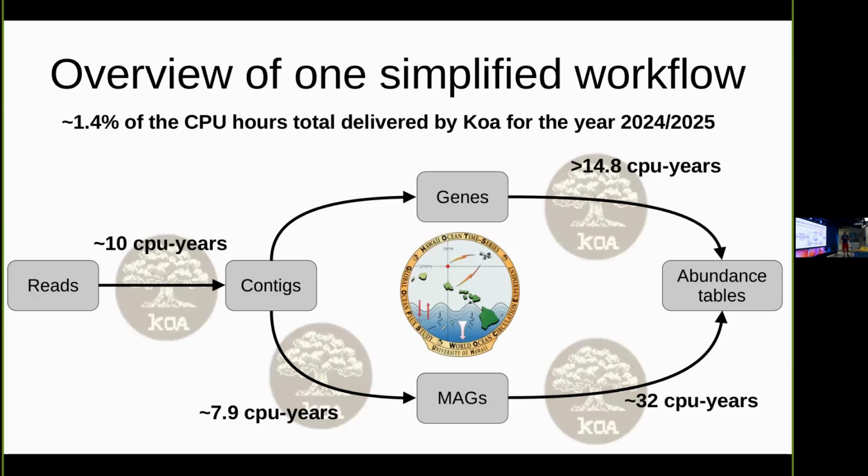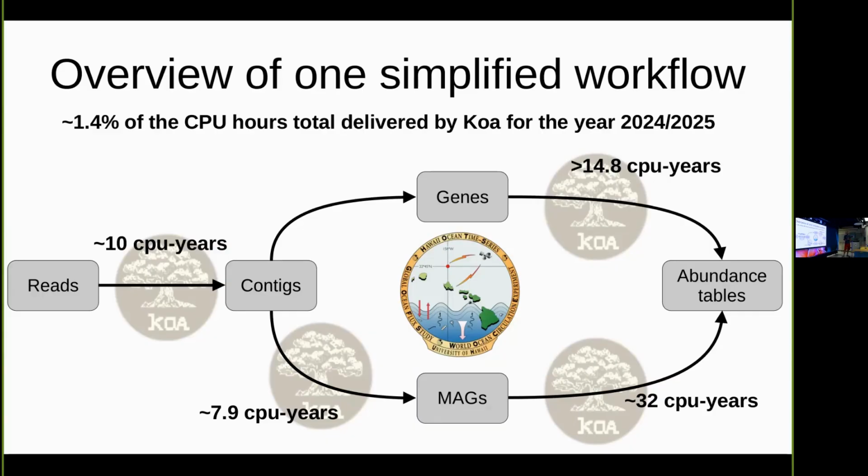I made the computation thanks to John Edley, who is doing all this stuff. Processing the entire time series is roughly 1.4 million total CPU hours delivered by COA for the year 24 to 25. I think it's huge, because I had no idea we were using that many CPU hours to do so.